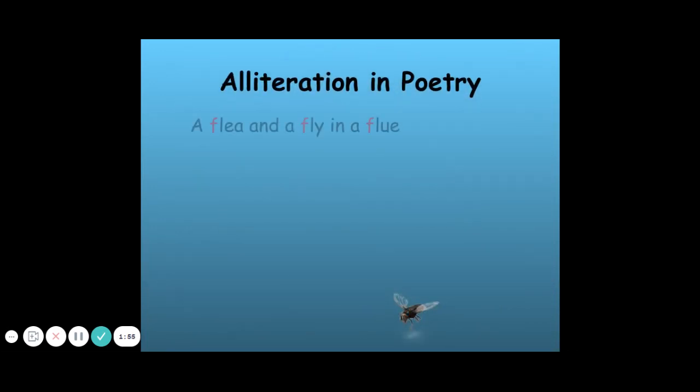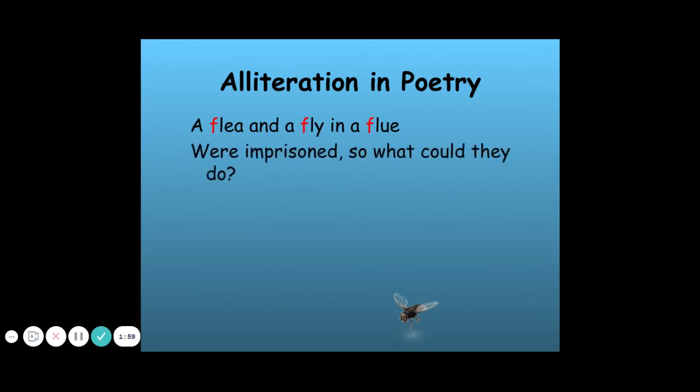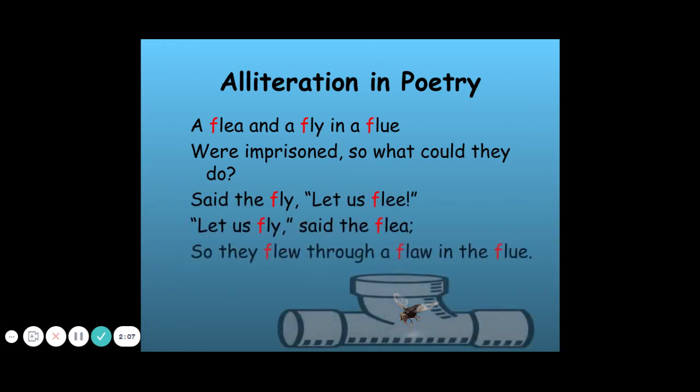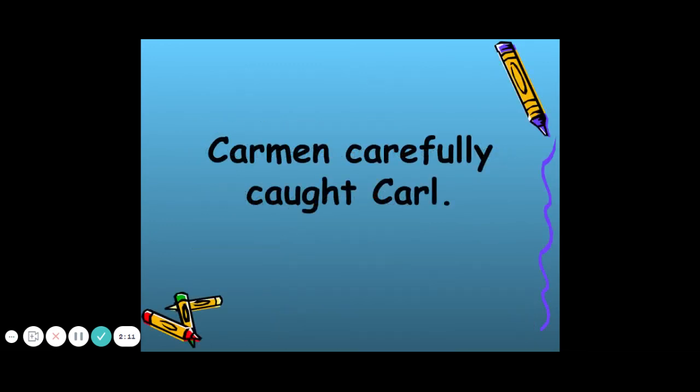So, some alliteration in poetry. A flea and a fly and a flew were in prison, so what could they do? Said the fly, let us flee. Let us fly, said the flea. So they flew through a flaw in the flue. Here's another example. Carmen carefully caught Carl.